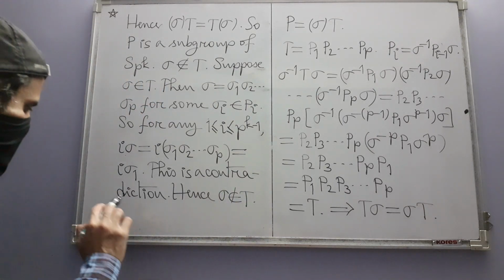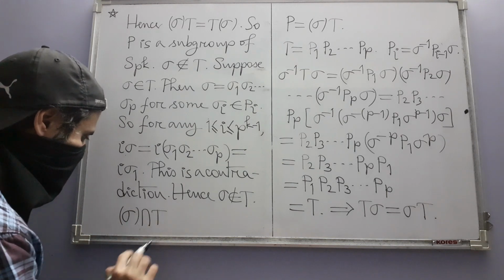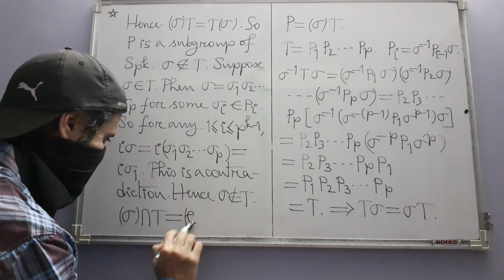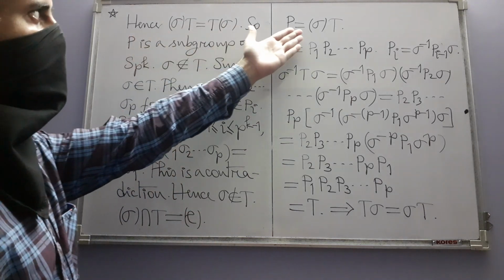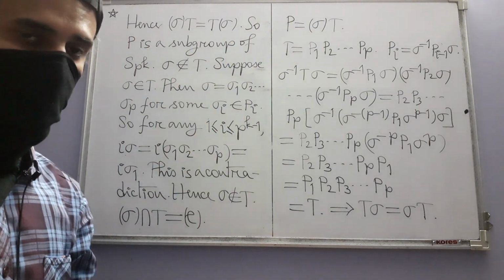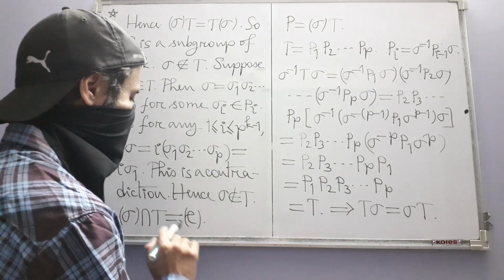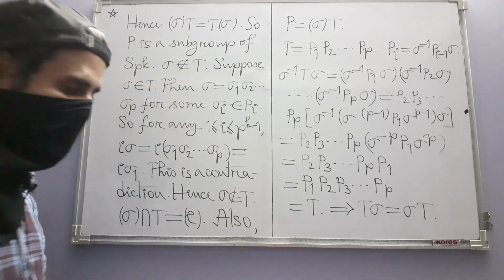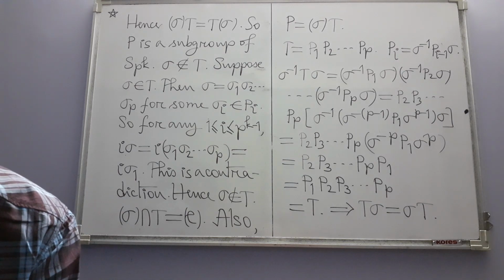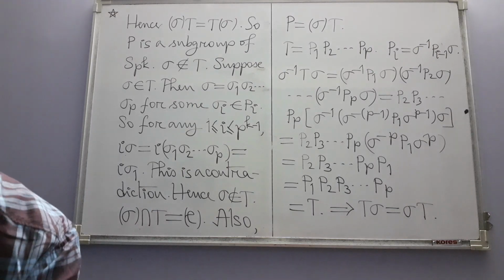But that in turn implies that the cyclic subgroup generated by sigma and T intersect trivially. Which is why it's not just that this P is a subgroup of Sp to the power k, but we are now able to calculate its order like this. Also, that means besides it being a subgroup, we also have this.